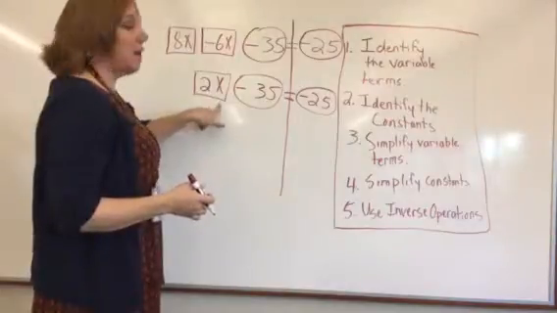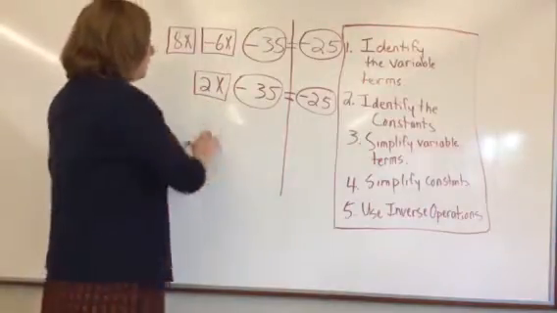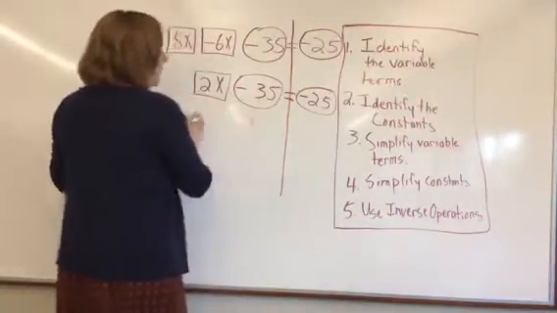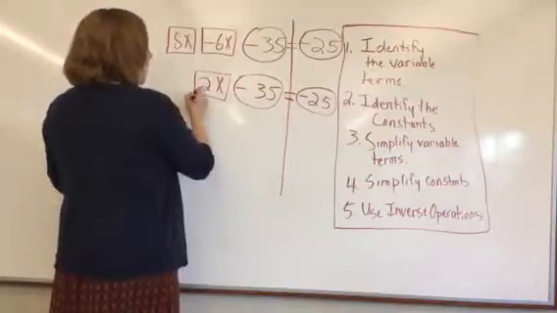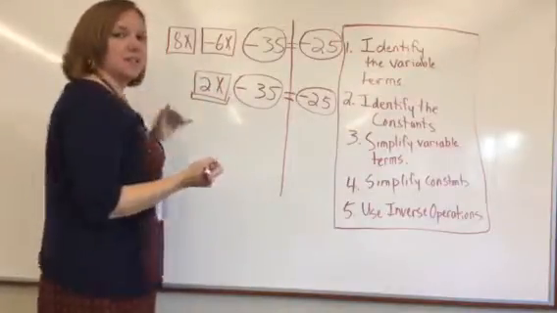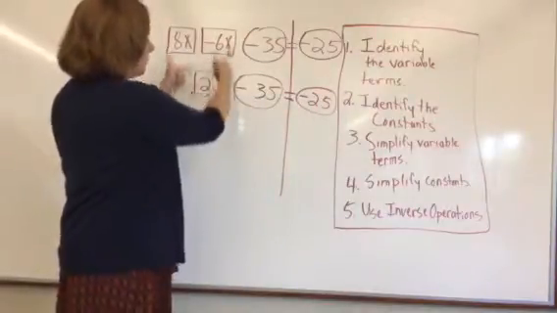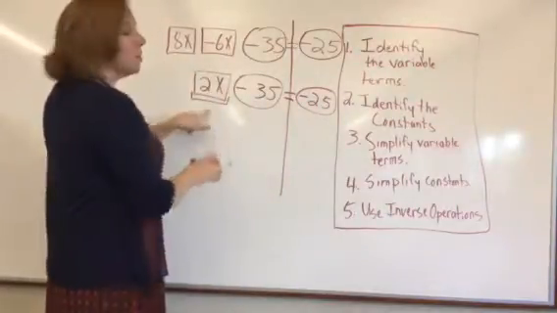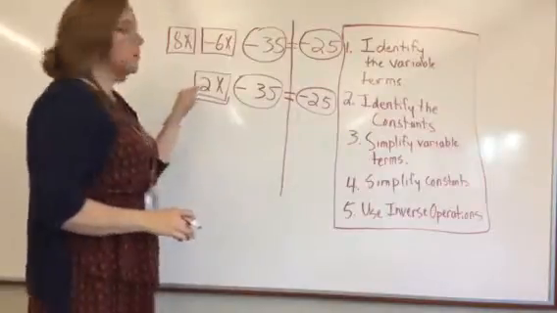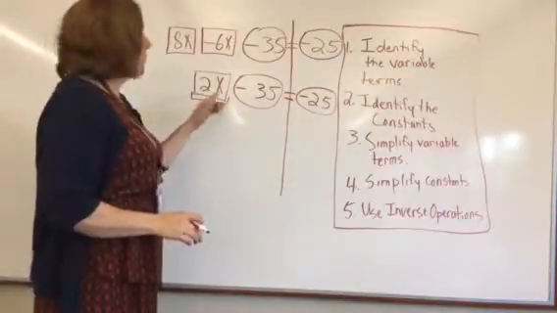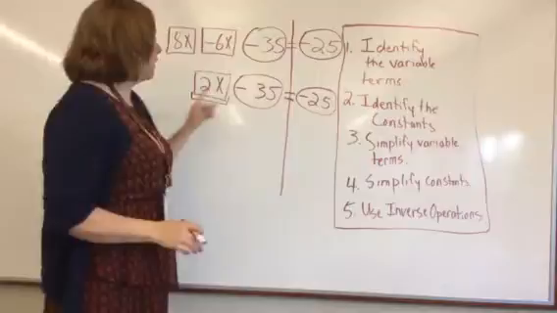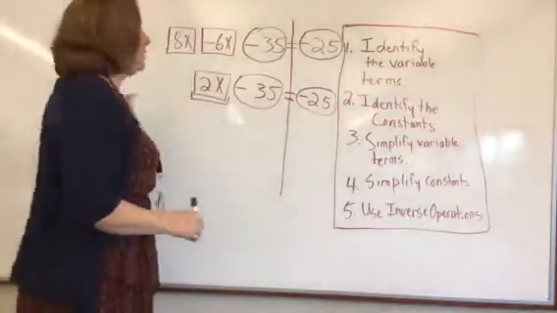I want x by itself. So once you get things simplified so that your variable terms are combined into one term, the last term you want to work with is that variable term. You want to take care of everything else first.